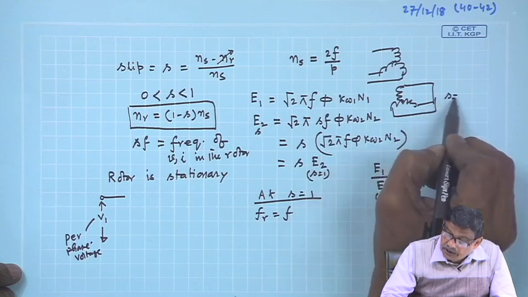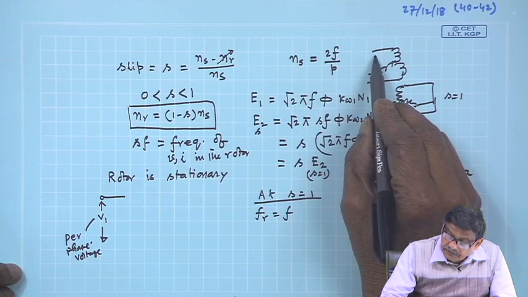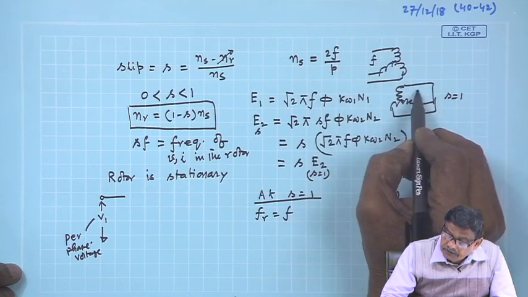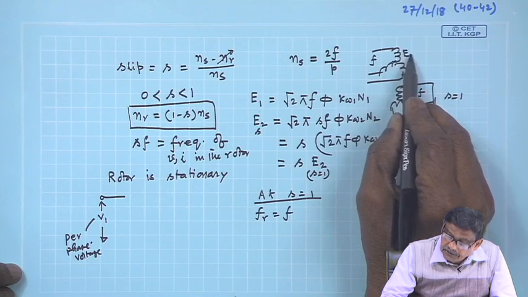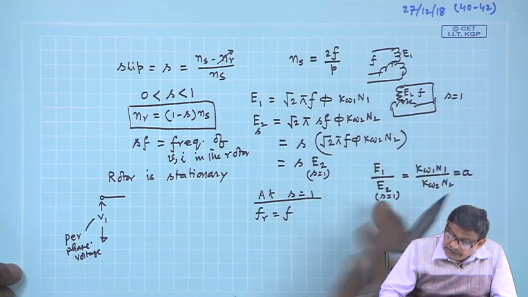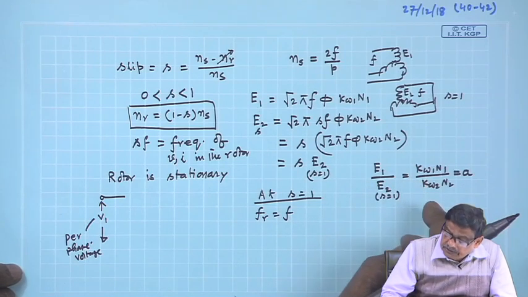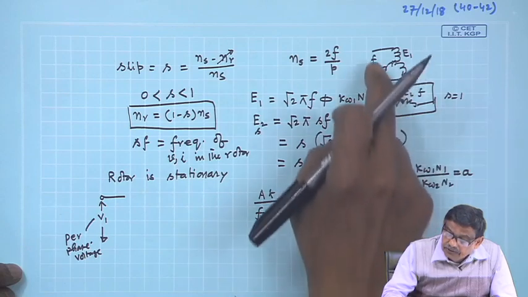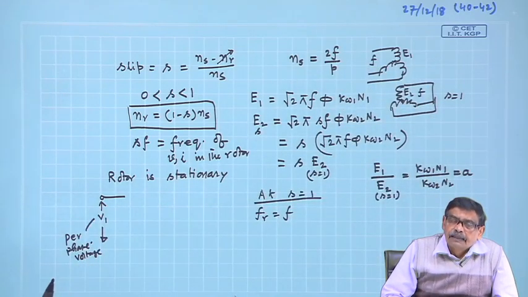At s equal to 1, you have applied some voltage, frequency is f, here also it is f, and this is the induced voltage E1 and this is E2 at s equal to 1. This ratio is a constant, stator turns to rotor turns, and also the frequency is the same. So, it is just like a transformer, at least at s equal to 1.